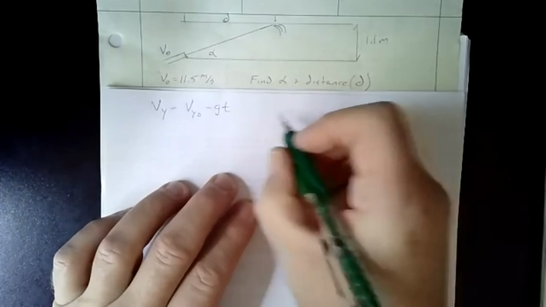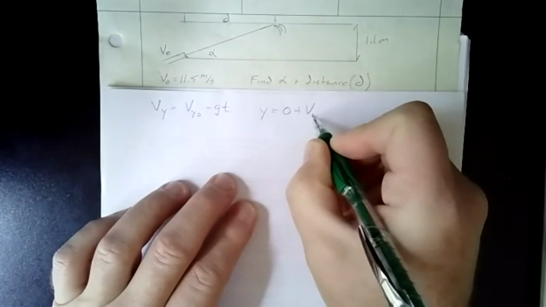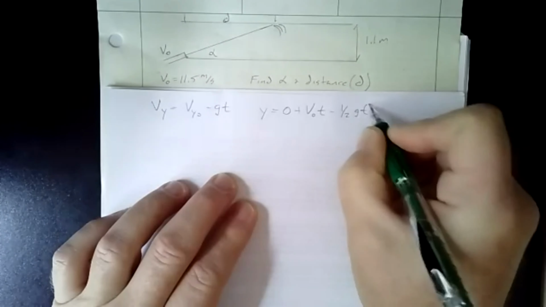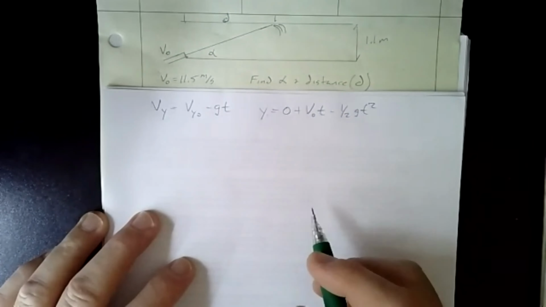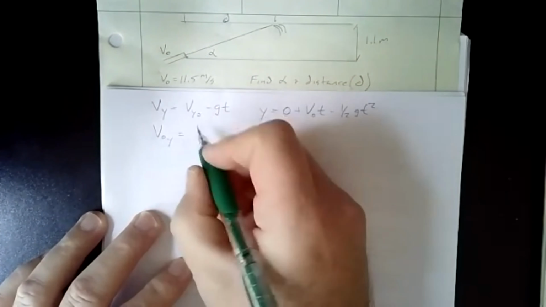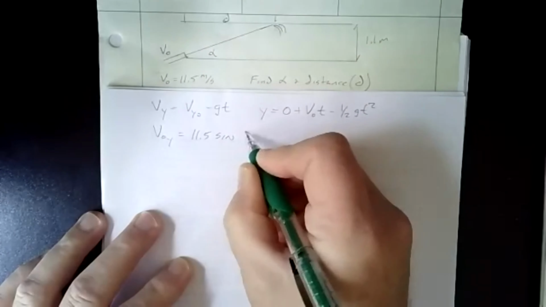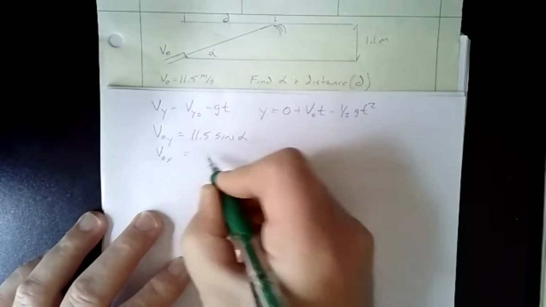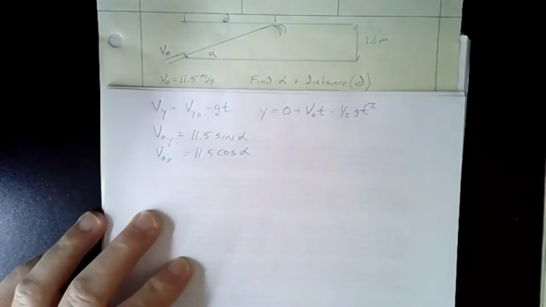And then of course we have y equals 0 plus V naught t minus 1/2 gt squared. We know that the initial velocity in the y is going to be 11.5 sine of alpha, and the initial velocity in the x is going to be 11.5 cosine alpha.